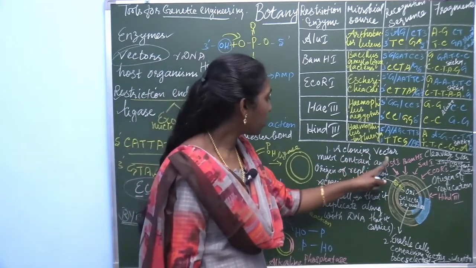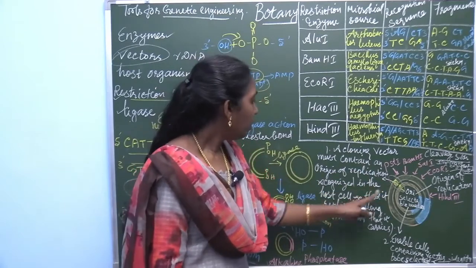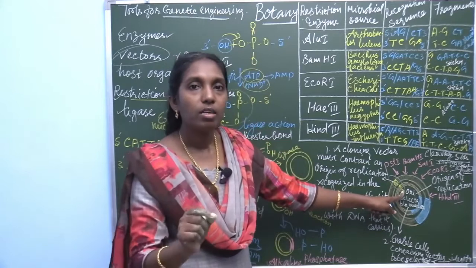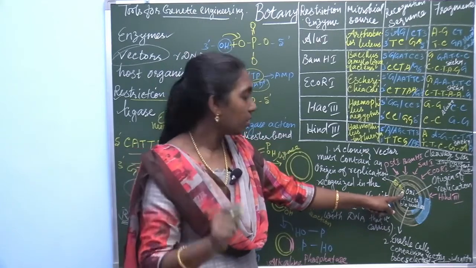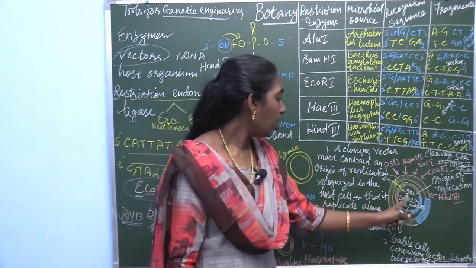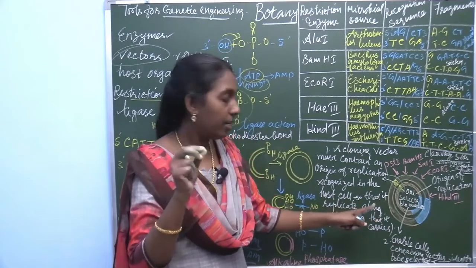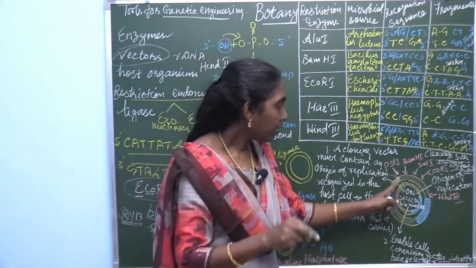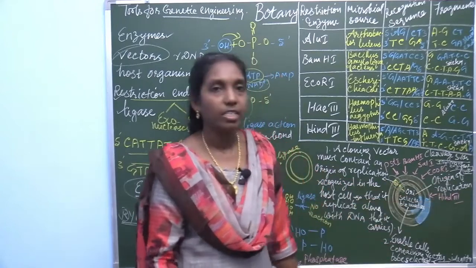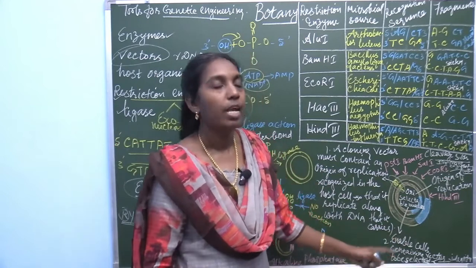A cloning vector must contain an origin of replication which is recognized in the host cell, so that it replicates along with the DNA that it carries. So this origin of replication is the main feature of this plasmid or vector.